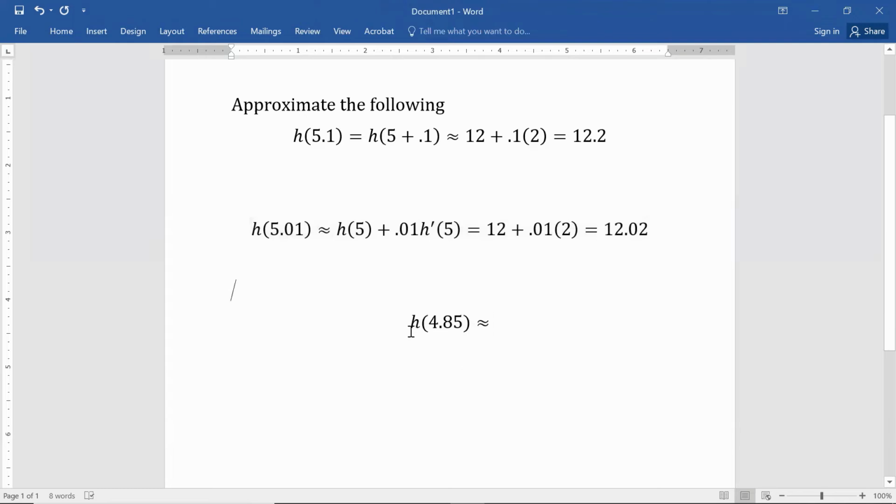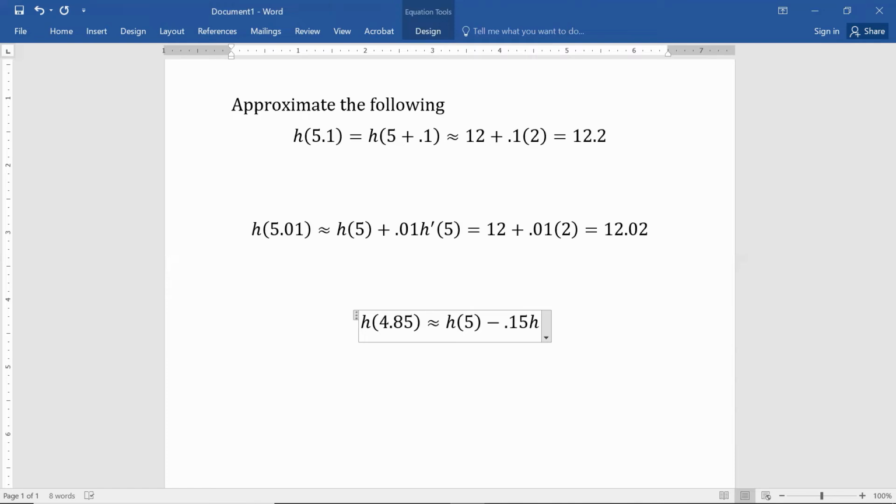Now, how about going underneath? Well, we're going to do the same thing. We're going to take my function value at 5, but instead of thinking of this as adding a number, we are subtracting 0.15. And so we subtract 0.15 times the value of the derivative.